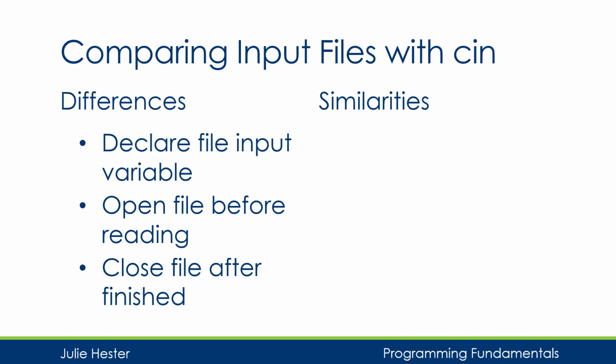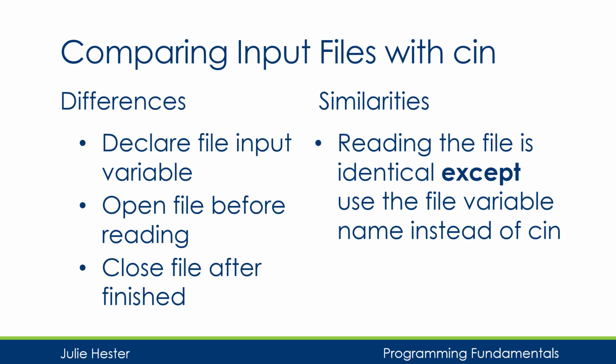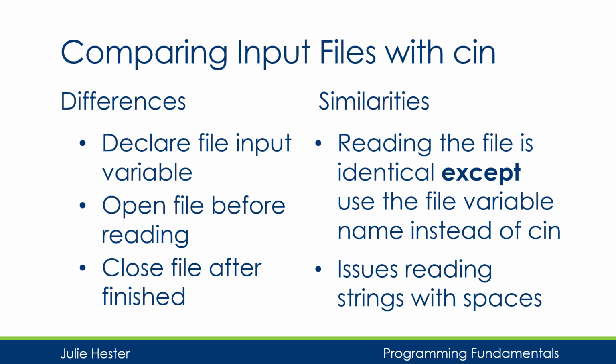But similarly, reading the file is identical, except we'll use the file variable name instead of cin. And just like with cin, if we do have strings with embedded spaces, we're going to have issues reading them, and we won't want to use this method. Instead, we'll want to use getline, which I discuss in the next video.